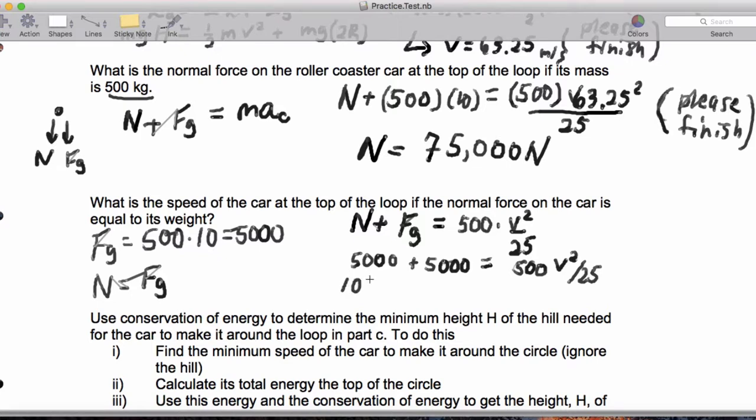So we'll end up getting 10,000 equals 20 times v squared. And when we isolate v, we'll actually end up getting 31.63 meters per second. All right.